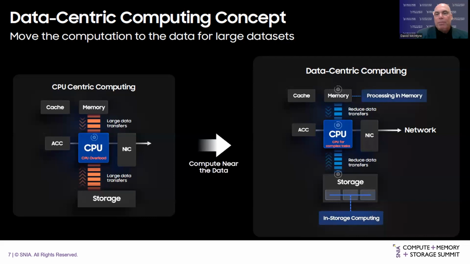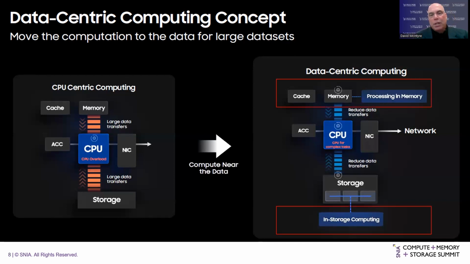And then if we continue this diagram and look at, well, okay, we can now add processing in memory to complement in-storage computing. Now we've got some interesting things going on here. For one, we can significantly reduce the data transfers between memory and CPU and storage and CPU. So we're saving power.